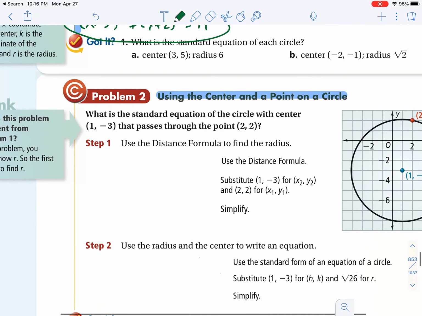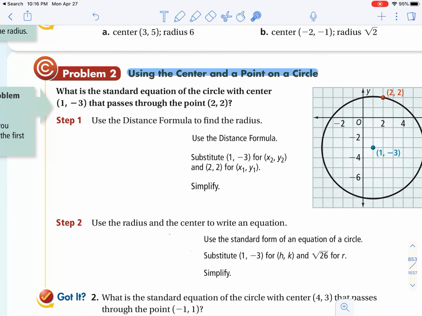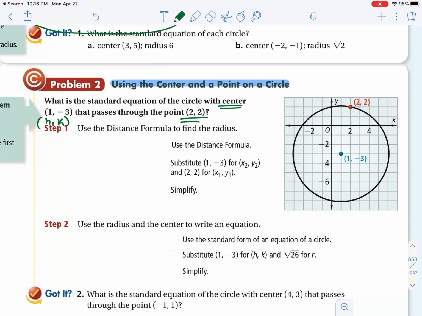Another question says, what is the standard equation of a circle with the given center that passes through the given point? Notice this one's a little bit different. It tells us what our center is, so we know that's our (h, k), and it passes through the point (2, 2). Notice way over here, it passes right through that place.